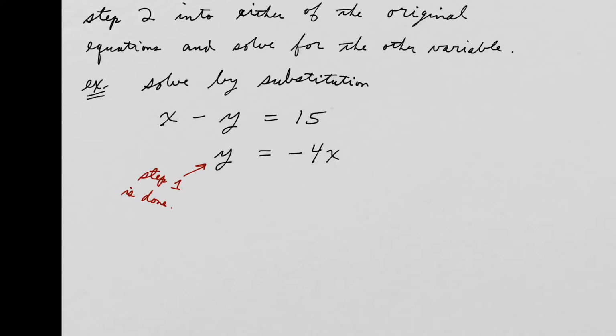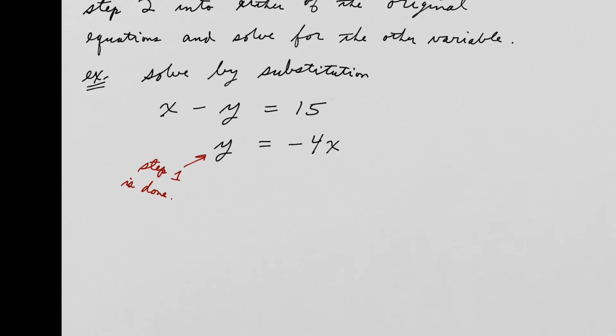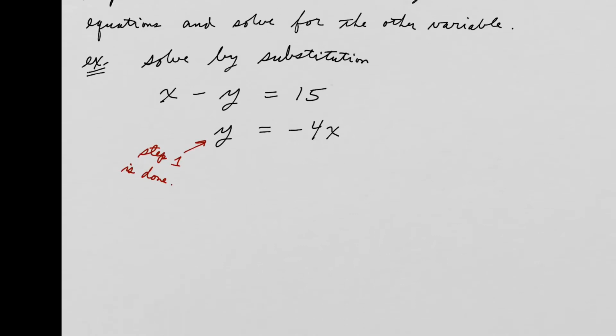So now step 2 is to take that expression and plug it into the other equation, the first equation, where I have a y. Where I have a y here, I'm going to plug in negative 4x. So the first equation becomes x minus, you've got to be careful, you're plugging in a negative 4x, equals 15.